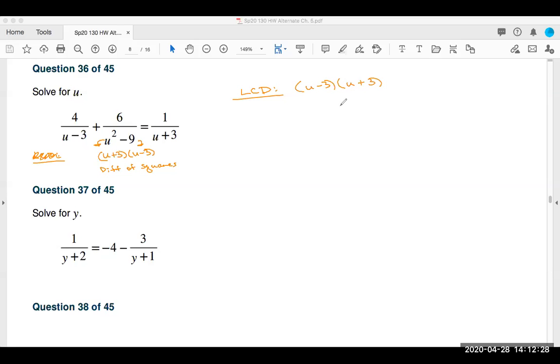All right, now here in the next step, multiply your entire equation by your LCD. I'm going to do it separately. If you're comfortable distributing straight in, you can do that.